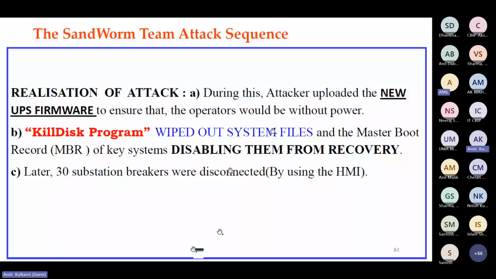I don't know whether you are aware of the manner in which password setting is done in utilities in India. Do you have any idea of it? No, I do not have an idea. What is done generally in India or in utilities worldwide, without taking much precaution, is that whatever password is set by default is kept the same. That is the first blunder which we do.